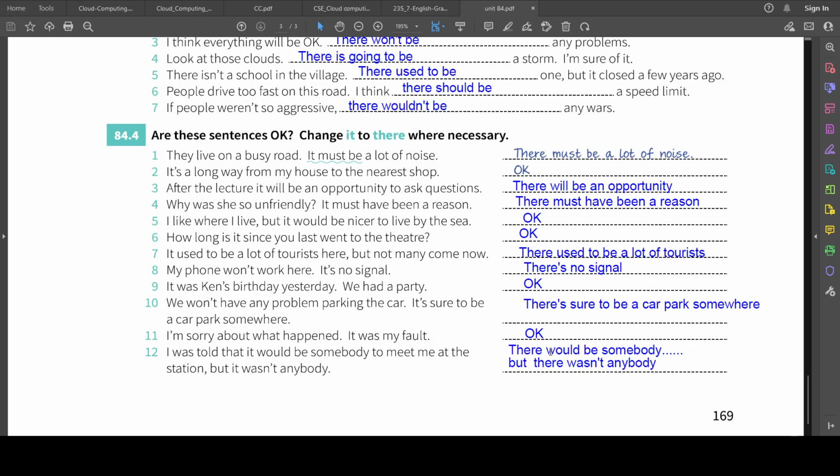We're using there because we're talking about existence as well. We're talking about somebody existing to meet me at the station, but there wasn't anybody. So there wasn't, because there was nobody here. We're talking about nobody existing in that place. There isn't anybody. So that's why we use there, because we're talking about the existence.